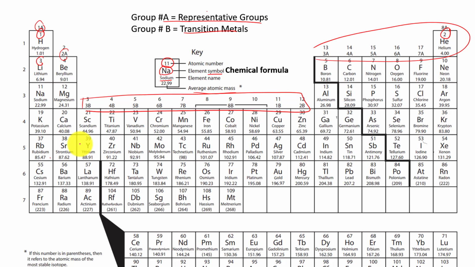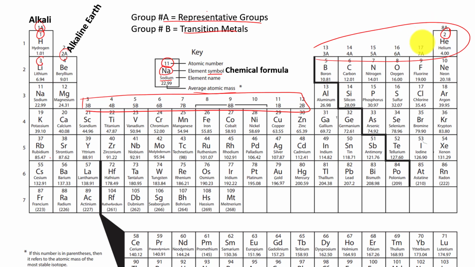So let's look at group A one by one. There are four major main groups, or four major representative groups. The first one is group 1A, and it has a specific name, the alkali metals. And then group 2A has a specific name called alkaline earth metals.